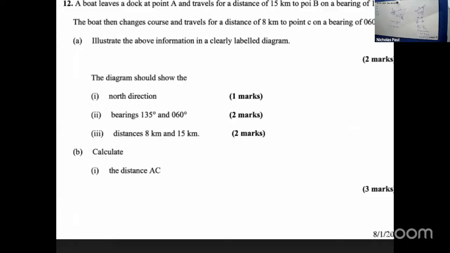You know the angle. I have to do the diagram fast.